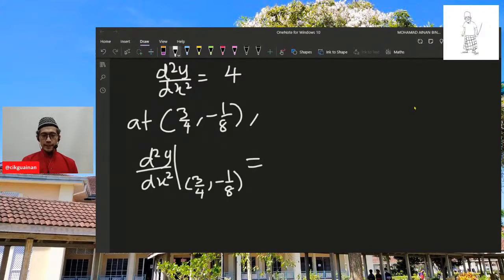So the second derivative with the point substituted, we get still 4, because 4 is a constant function. If it is a constant function, you substitute any point and you still get 4.